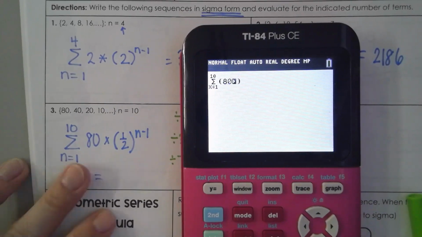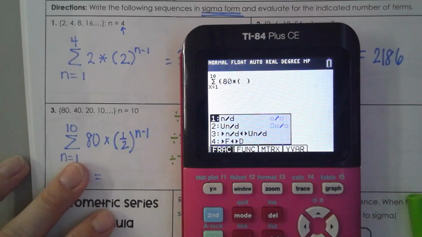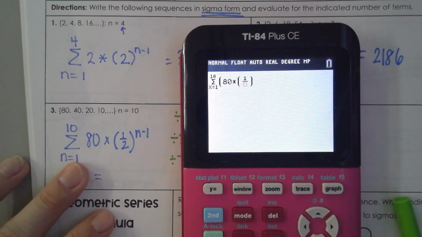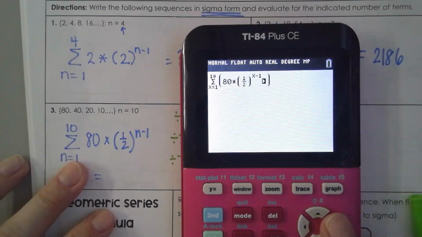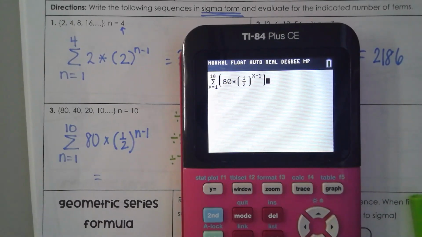80 times. How do you get to a fraction? Alpha y equals. Yeah, a fraction or a decimal you would get here. That's normal.